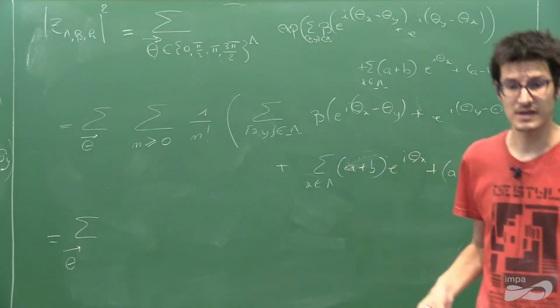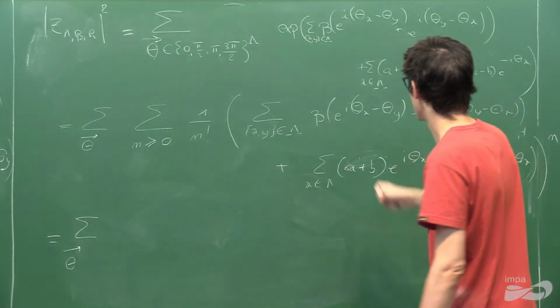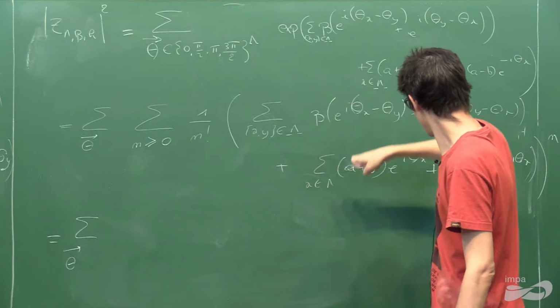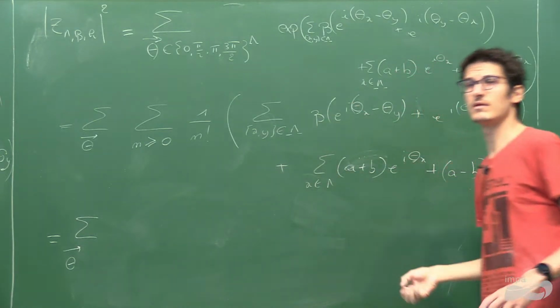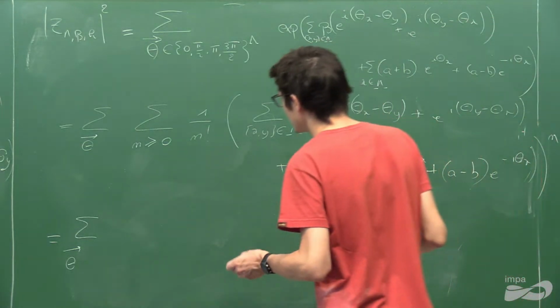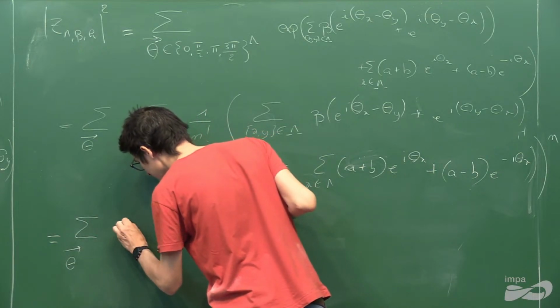What's important here is that all the coefficients are positive, because β, a plus b, and a minus b are positive. So each time you expand things, you get positive terms. When you do this expansion, you don't really worry about what the coefficients are.